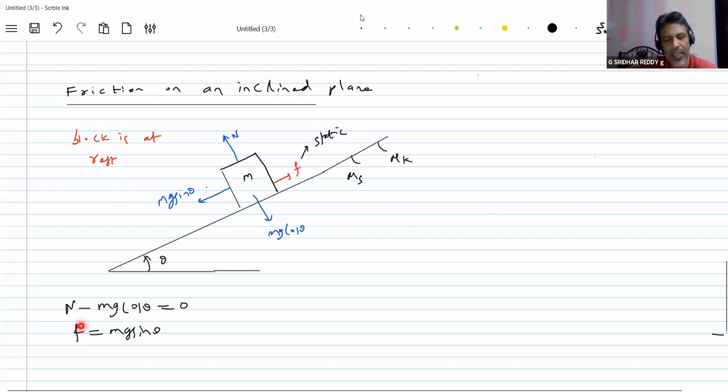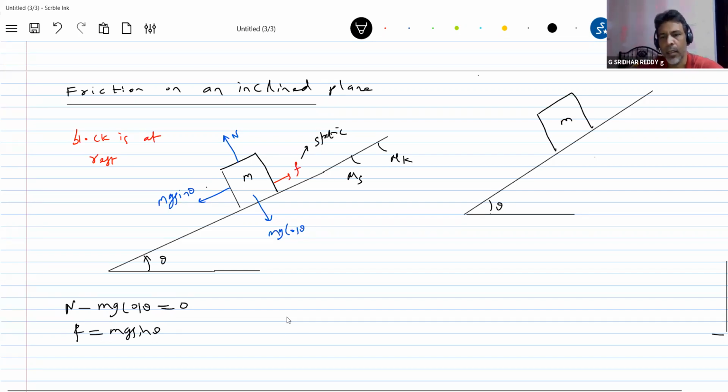So what is the maximum permitted value of this friction? Equal to limiting friction. Now, at one specific value of the angle of inclination, I'll call that the angle of repose.